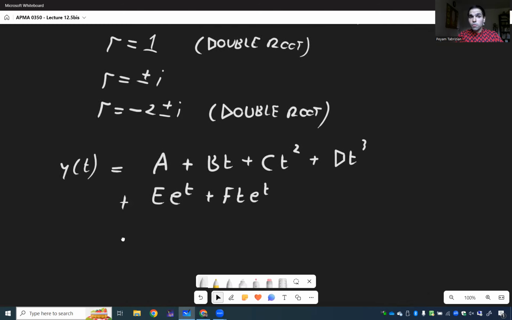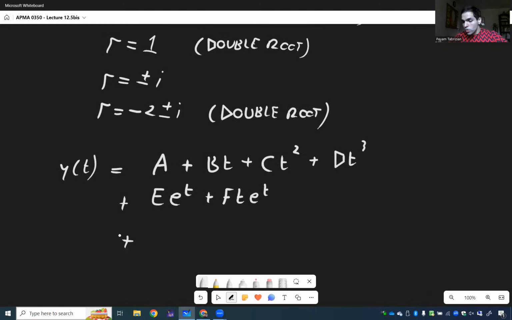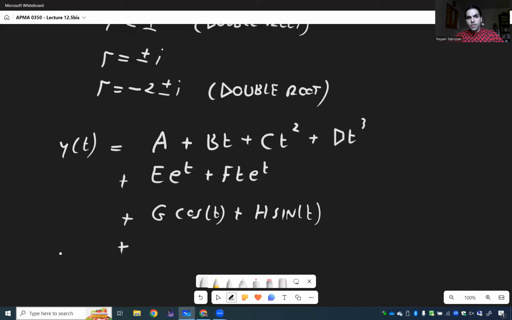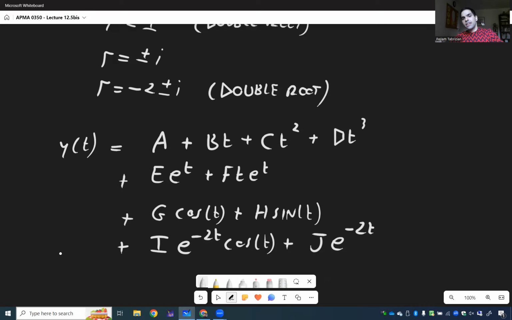The complex root plus minus i gives us cosines and sines. So g cosine of t plus h sine of t. And finally, I think the most interesting one, this minus 2 plus minus i, well, as usual, it would give you i e to the minus 2t cosine t plus j e to the minus 2t sine of t.